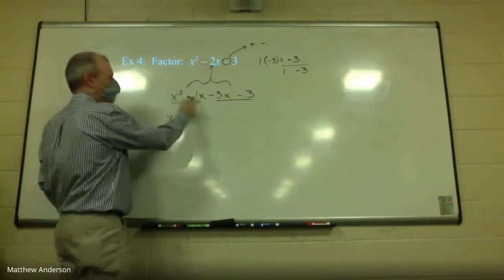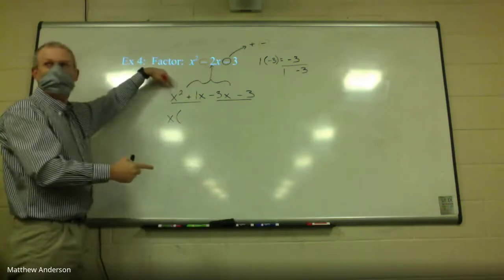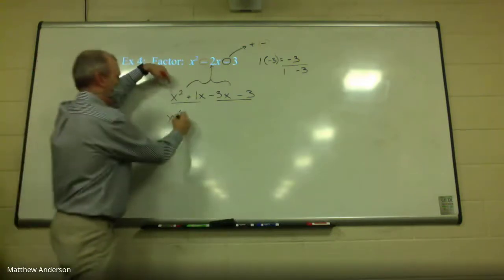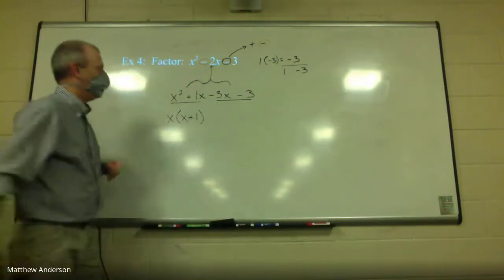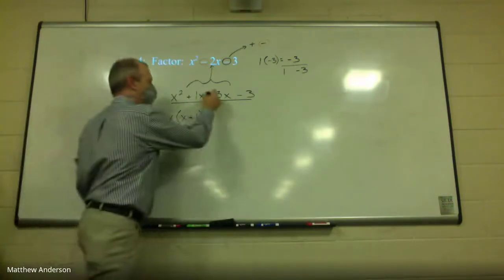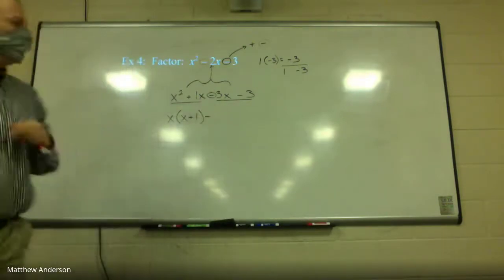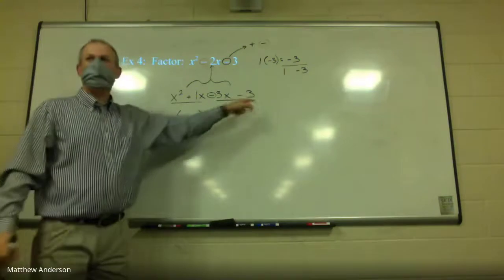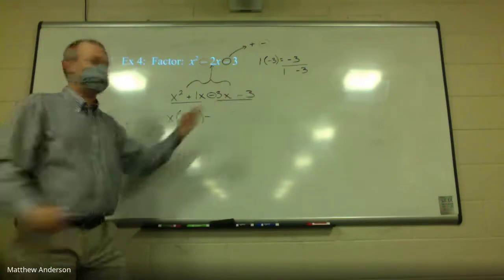What's left in that first group when we factor out the x? This will have an x, and this will have a 1. Okay. Now remember I mentioned we have to take out this sign, so we're going to have to take out a negative. What else can we factor out of both of these? A 3. They both have a 3 in them, right?